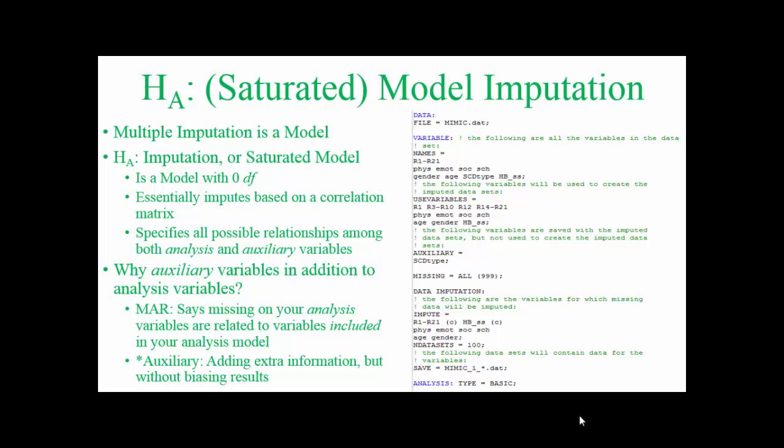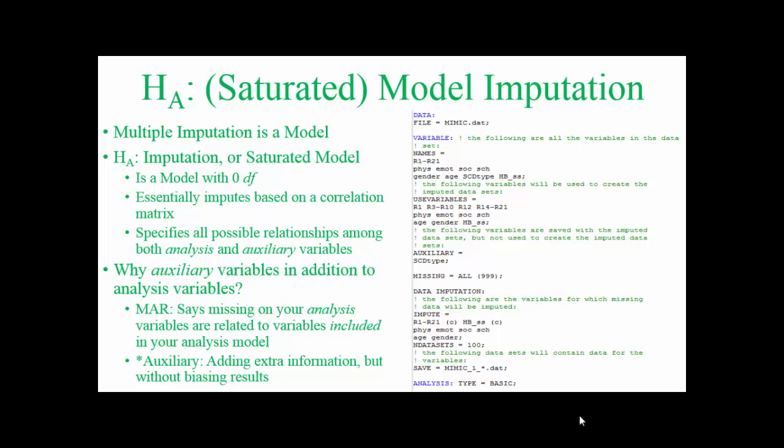So if you can include them in your analysis model, it's a way of adding what's so-called auxiliary correlates, which gives you extra information, but doesn't bias the results that you're interested in. And we're going to see how that works here in a second. But basically, alternative hypothesis imputation is a way of handling missing data by using all available information, not only from the analysis variables, but from any auxiliary variables that you have.